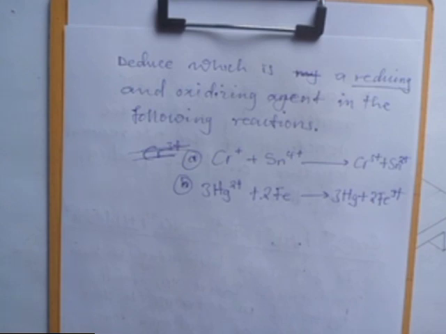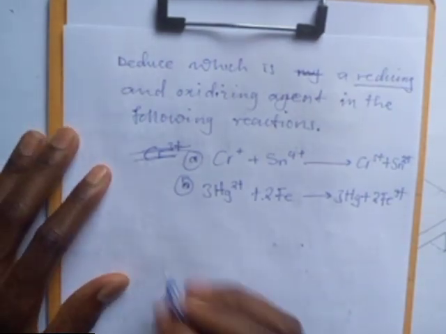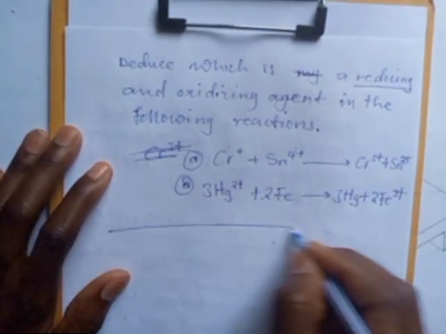For you to identify this as your oxidizing agent and this as your reducing agent: the substance which is increasing in its oxidation number, from a lower oxidation number to a bigger one, is said to be a reducing agent. In short, it becomes the opposite of the other.